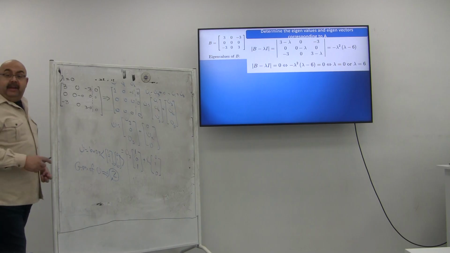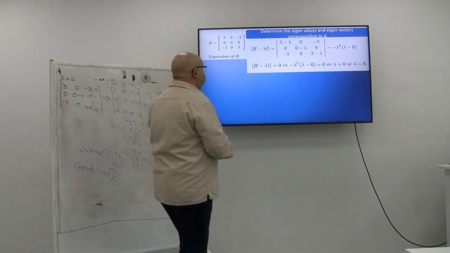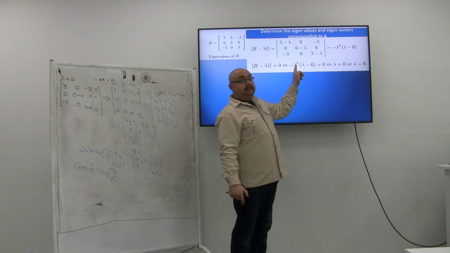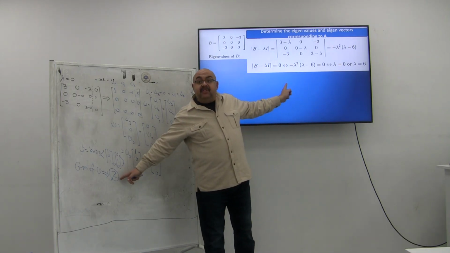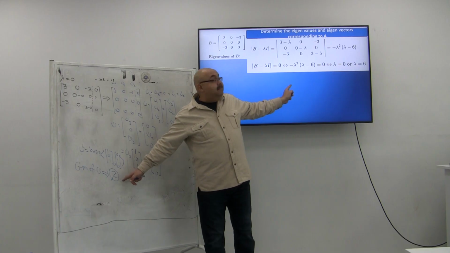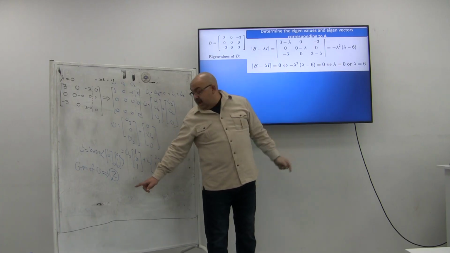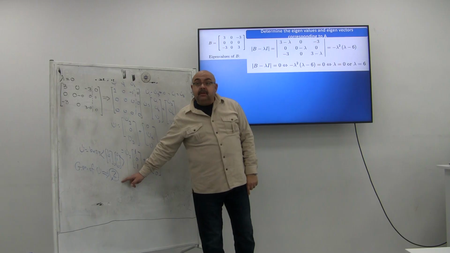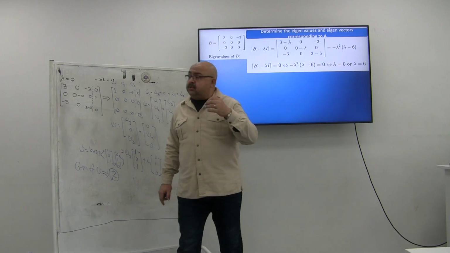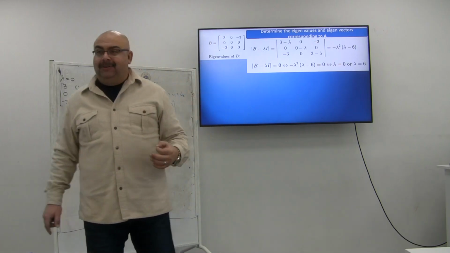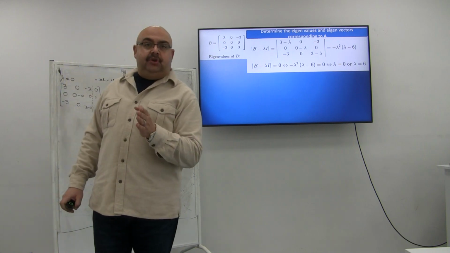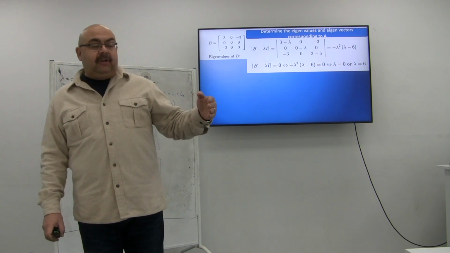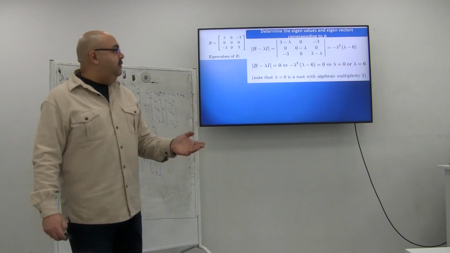Do you remember the algebraic multiplicity? 2. So both of them have the same algebraic multiplicity and geometric multiplicity. In this case, this matrix can be diagonalizable. Okay? Now I have the two vectors representing the first eigenvalue and the vector representing the other, which is going to be simple.